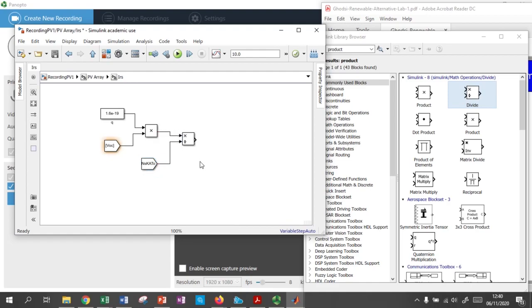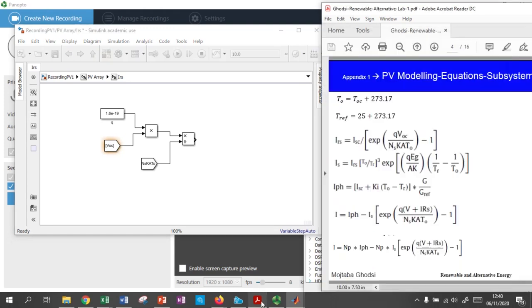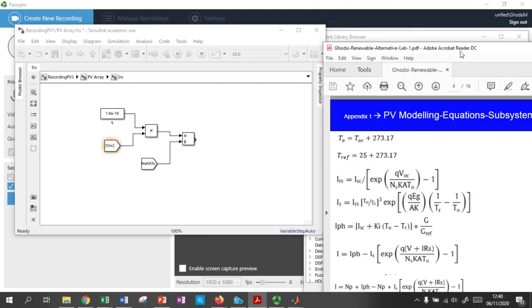This is the next one. This is multiplied by this one. Okay. And then what is the next one? Okay, minus 1. We need one again, subtraction.